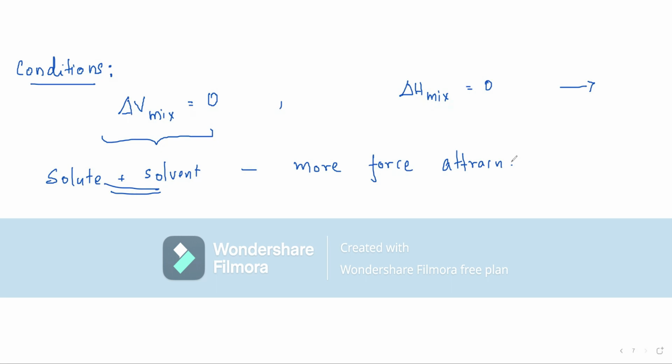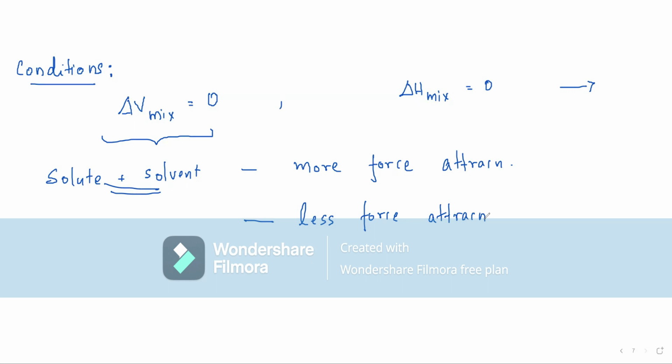In the other case, you're mixing solute and solvent, and the new force of attraction between the solute and solvent is less than the individual forces of attraction. So what will happen? The particles move away from each other.